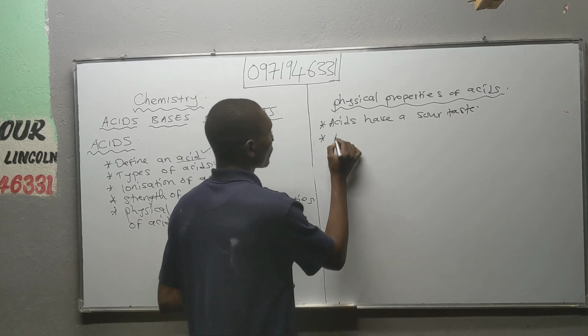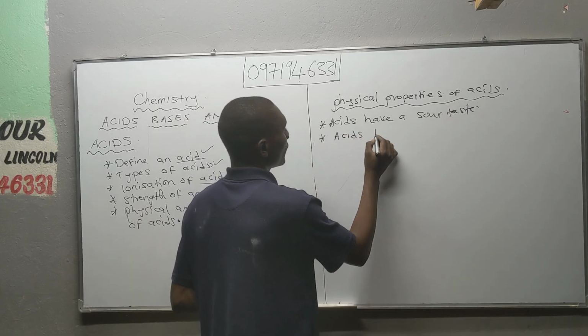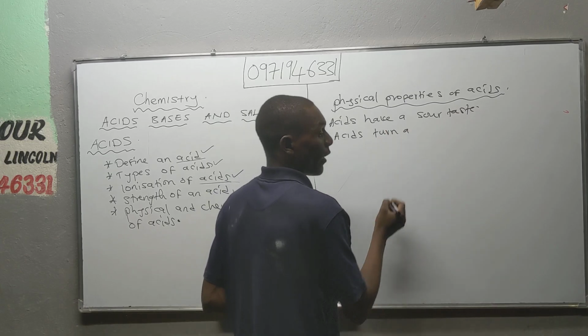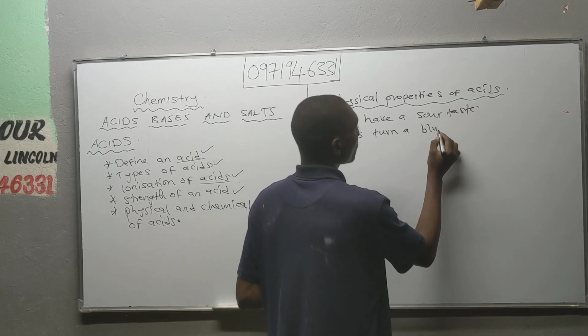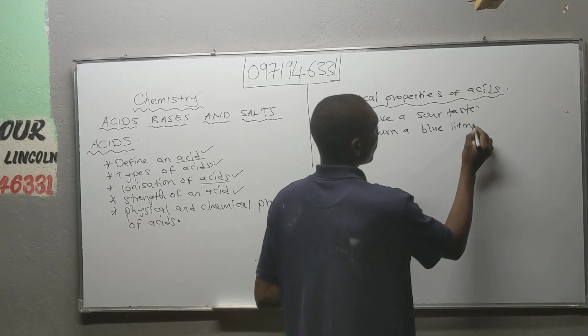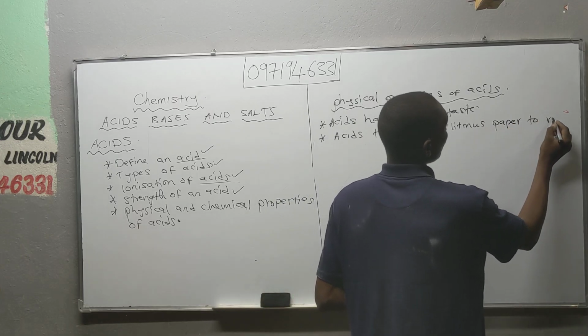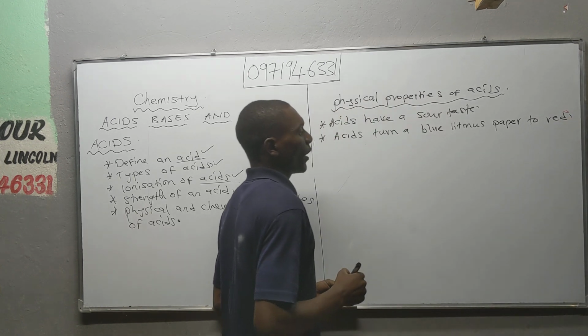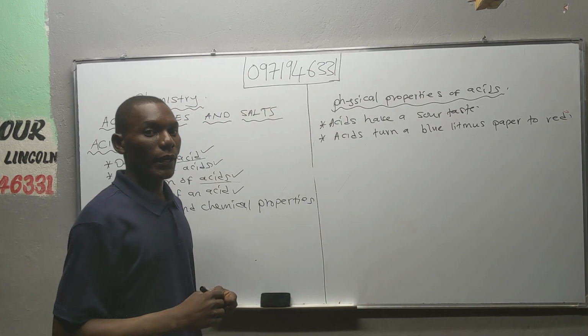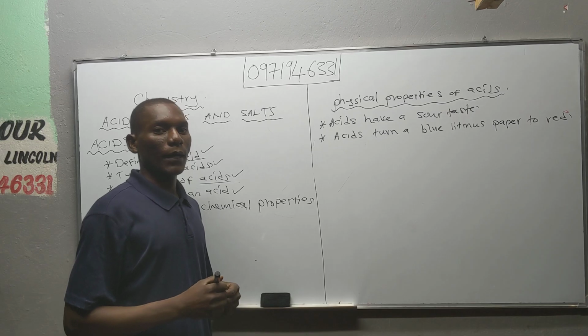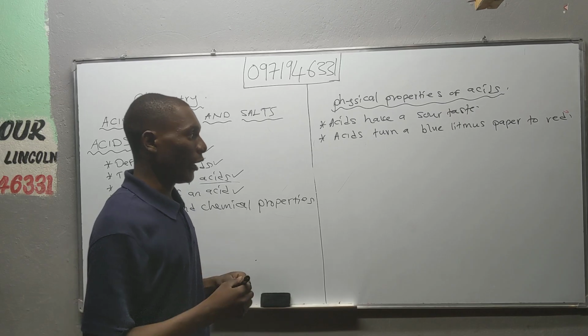Number 2, acids turn a blue litmus paper to red. Acids, they turn a blue litmus paper to red.